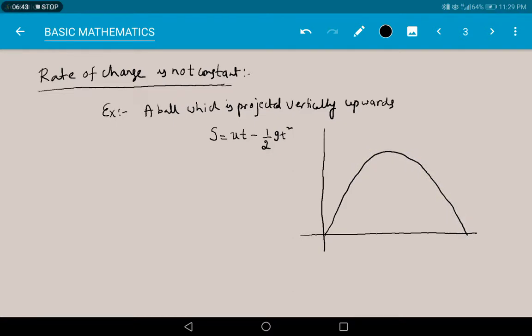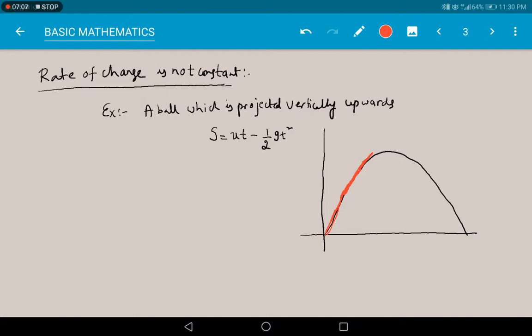If you observe this graph carefully, as the object is moving from the ground to the highest point, its slope is decreasing but positive.